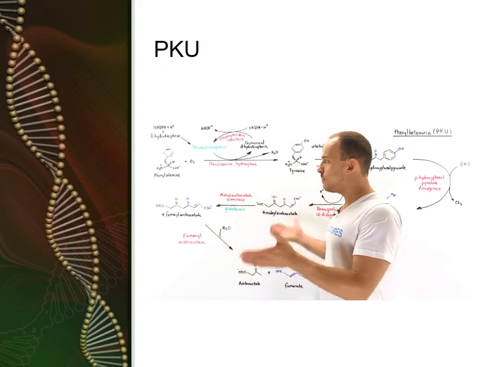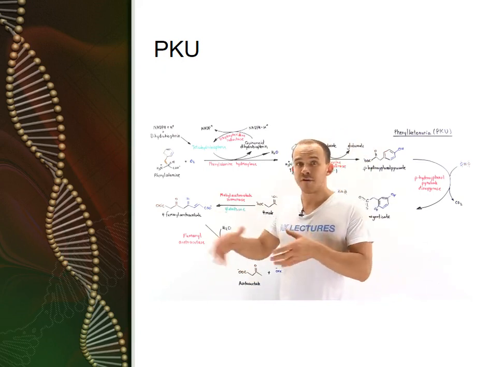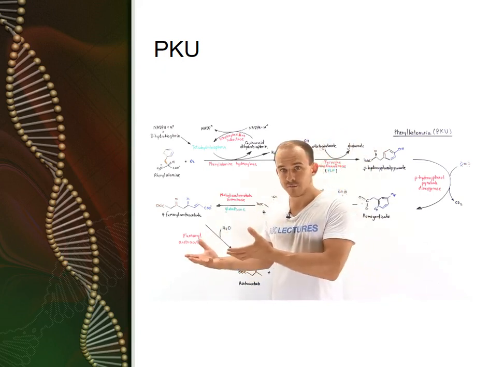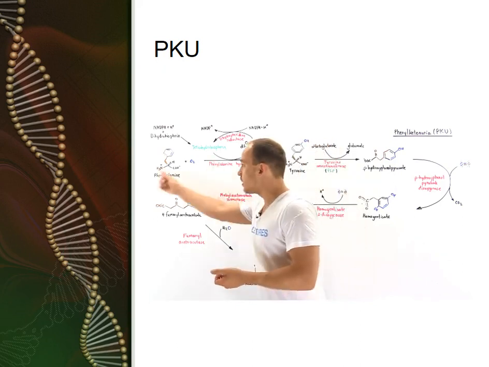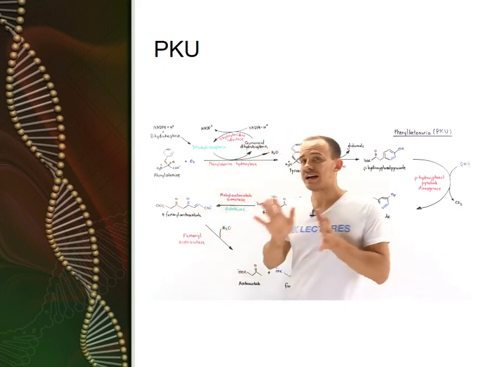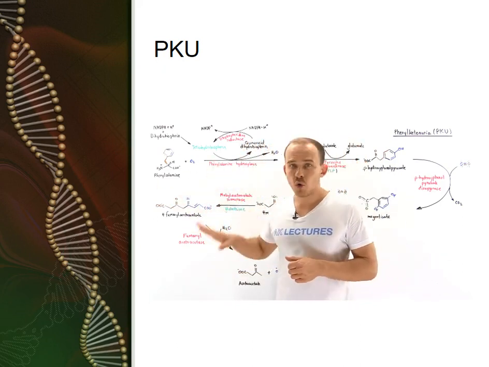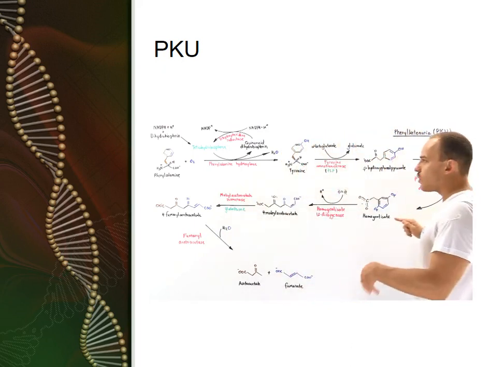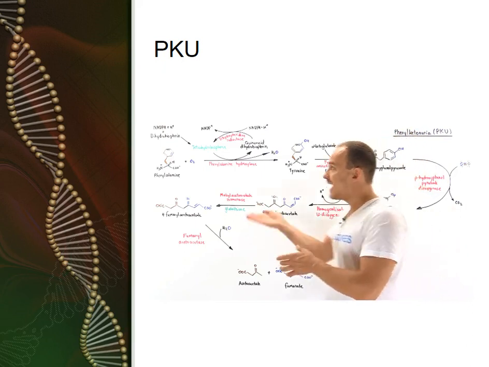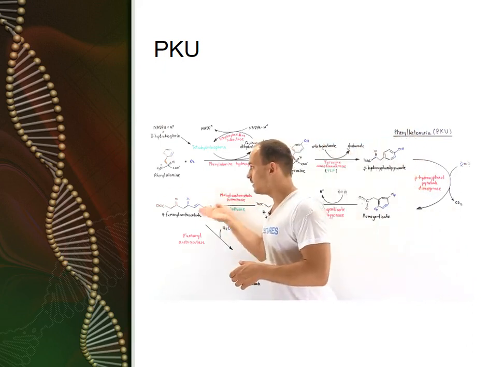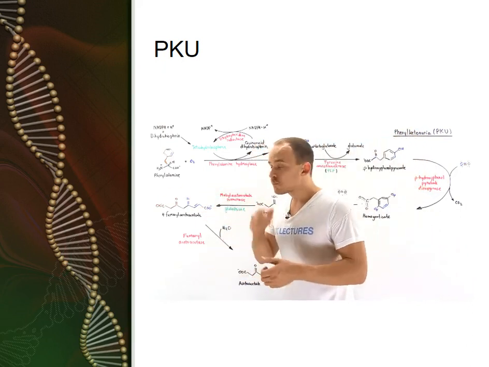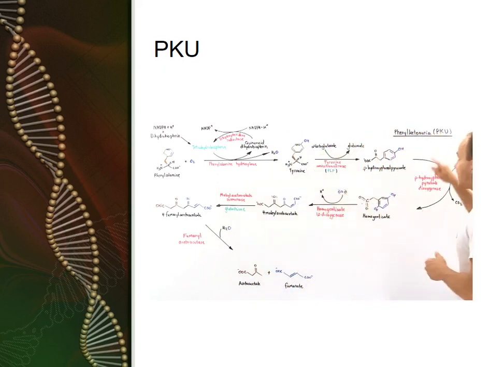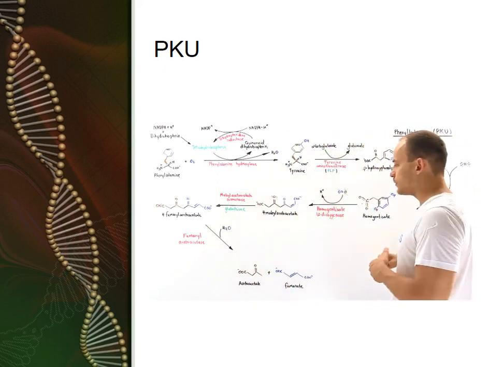Because patients with PKU after birth and following the first feeding cycle will have levels of phenylalanine that are 20 times higher than those of normal patients that don't have PKU. So by drawing blood and finding high levels of phenylalanine in that infant, we essentially can diagnose that infant with PKU.